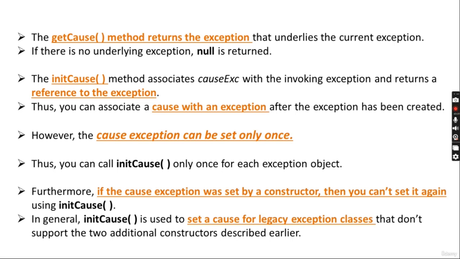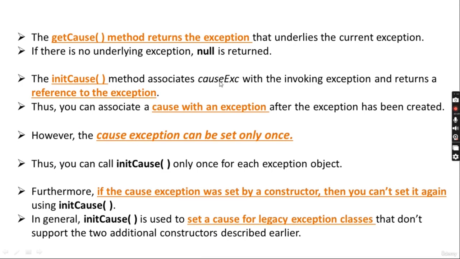Thus you can associate a cause with an exception after the exception has been created. Cause exception can be set only once. Thus you can call initCause only once for each exception object.